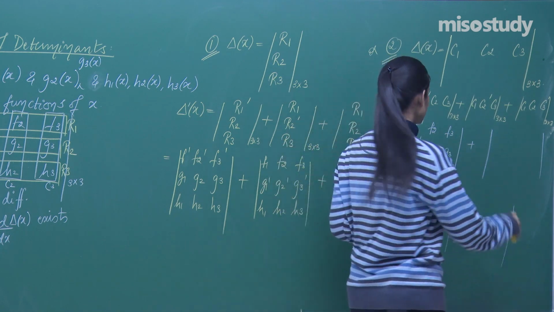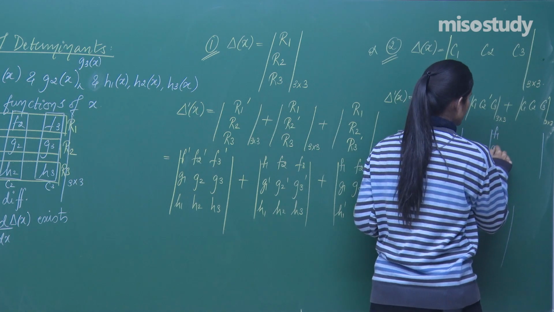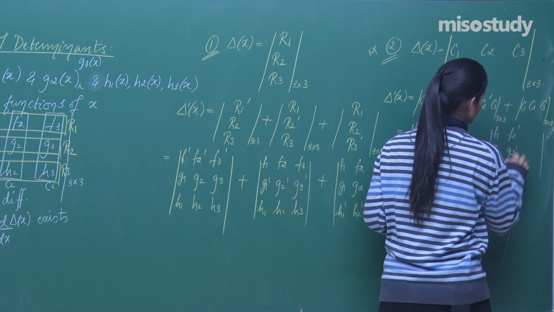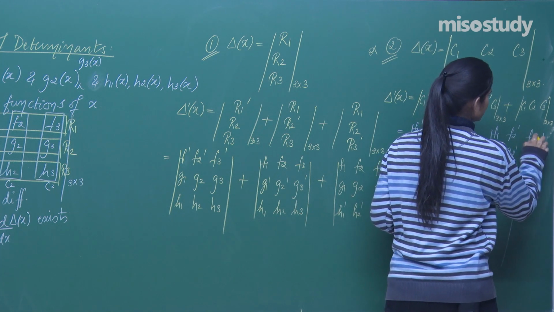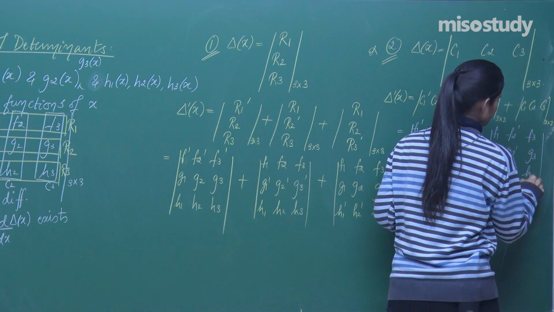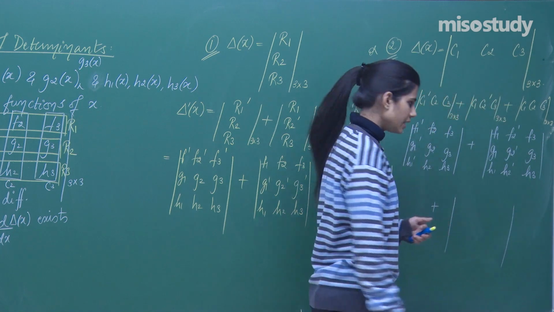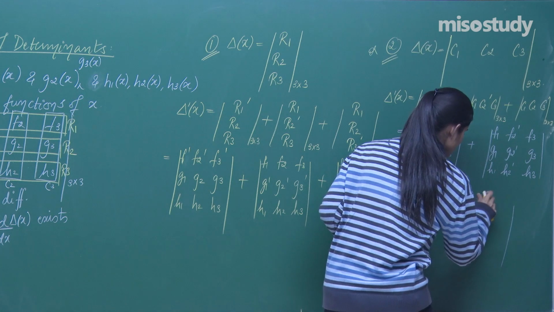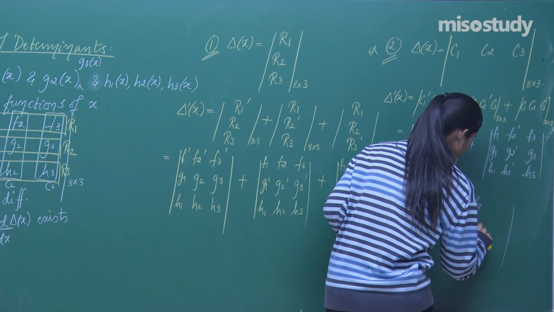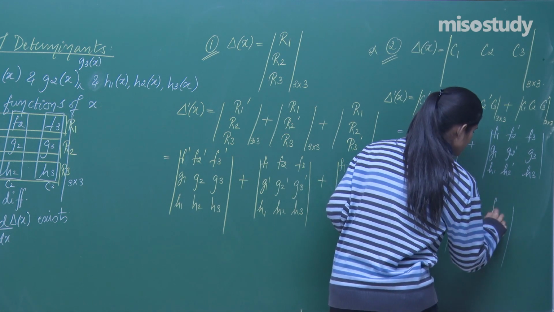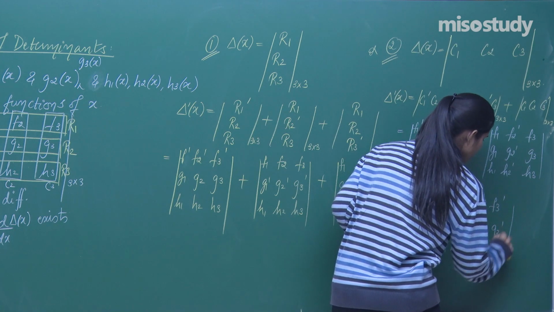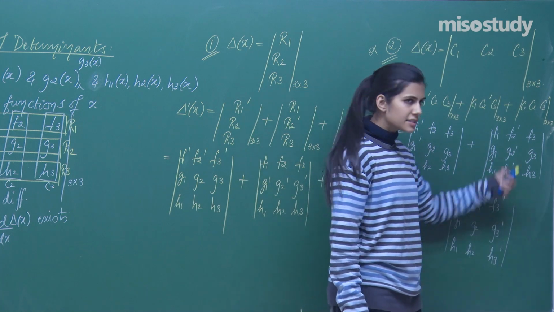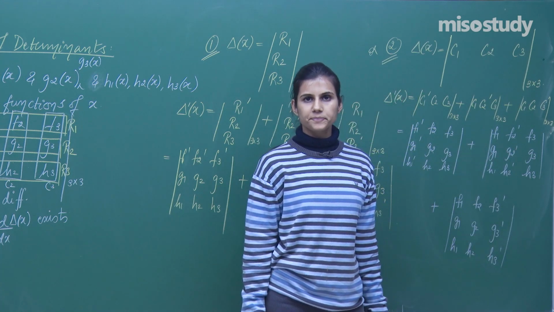Plus the next 3 cross 3 determinant: keep the first column as it is, differentiate the second column, third as it is. Clear? Here you have first as it is, second as it is, third you have kept the differentiated one.